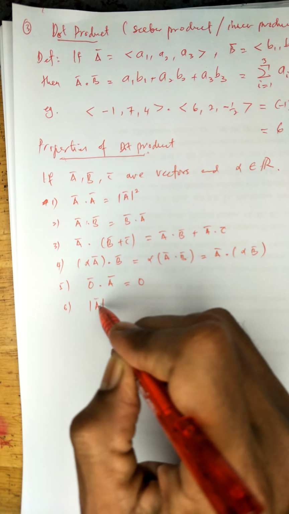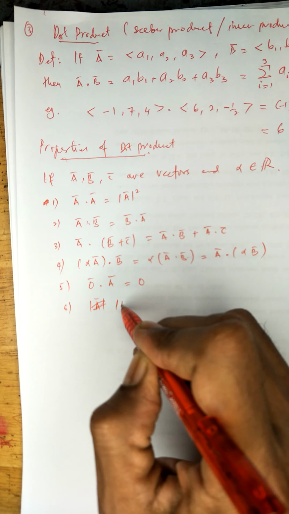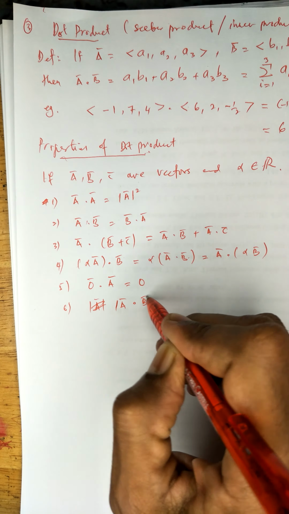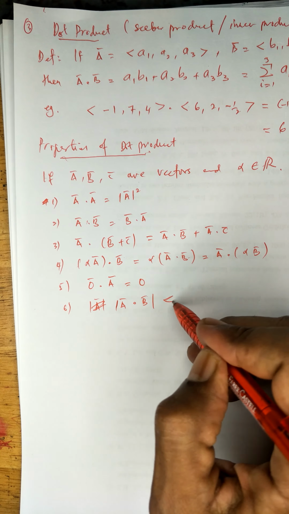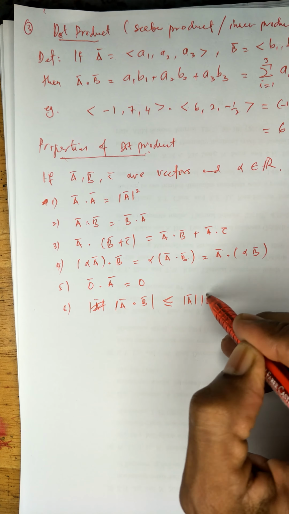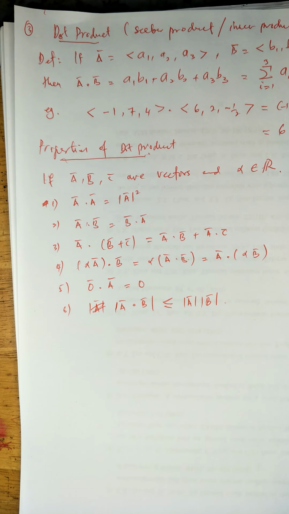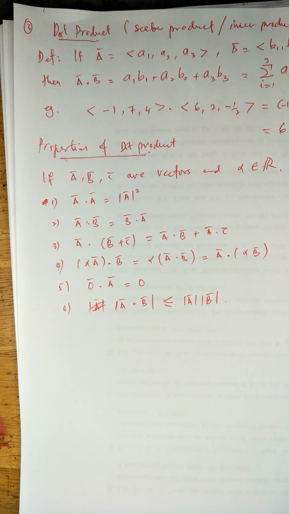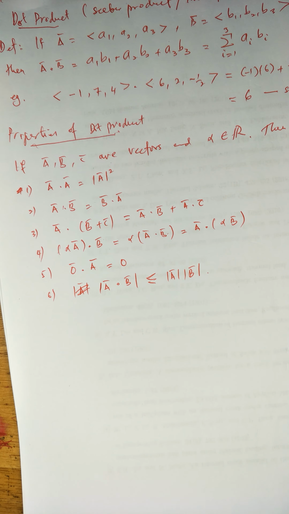And 6, the magnitude of A dot B will be less than or equal to the magnitude of A times the magnitude of B. Again, for the proof, I think this is not that difficult.